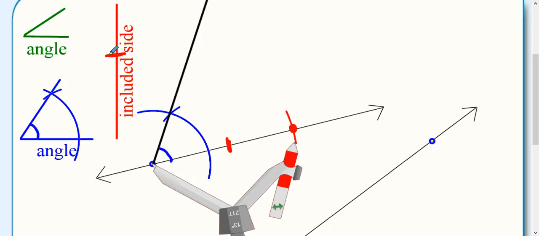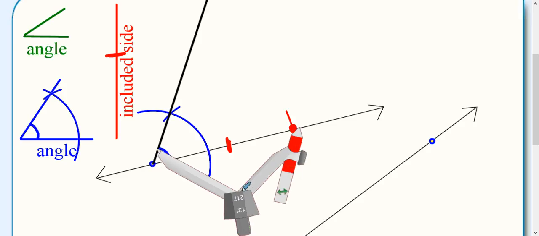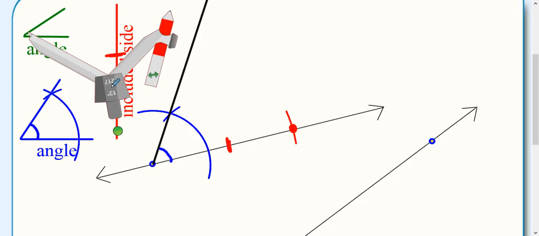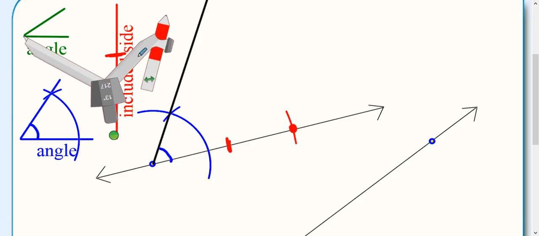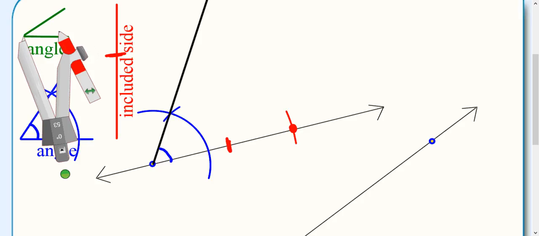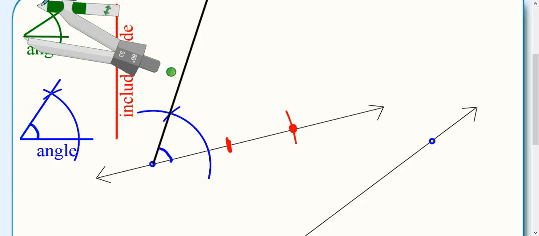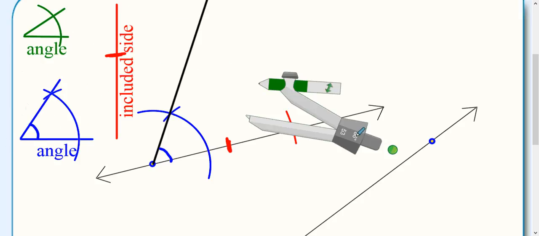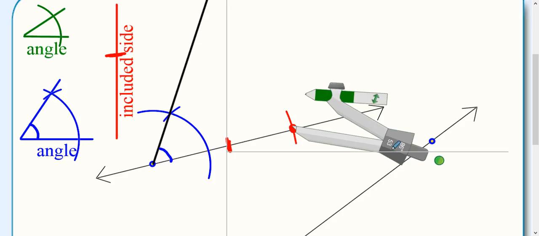So now we're going to copy that other angle. So we have the angle, we've got the side. We're going to put the other angle right here at this red point I just created. So you make your arc first, and then make the same arc over here from the point.